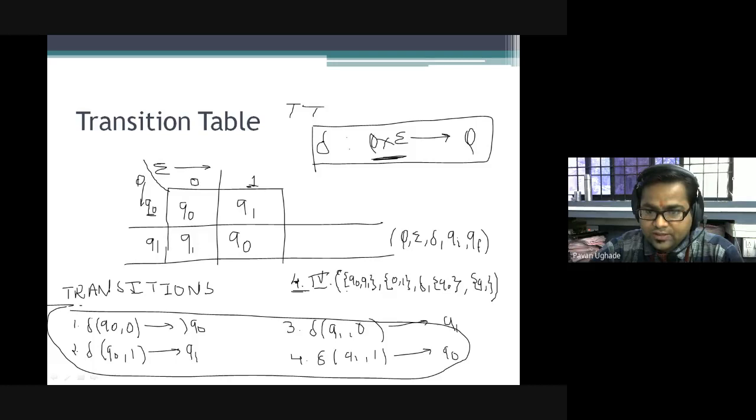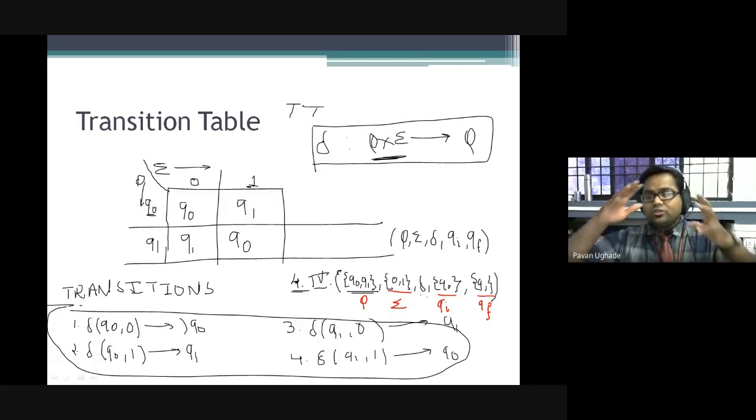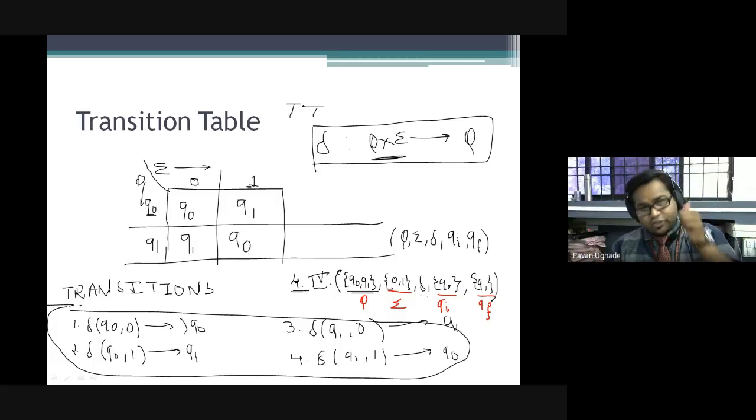Now this is a complete representation of the automata that you have drawn. These are your states Q, these are your alphabets, this is your transition function, this is your initial state, and this is your final state QF. This is how your 4-step problem, which gives you 4 to 6 marks, is solved.